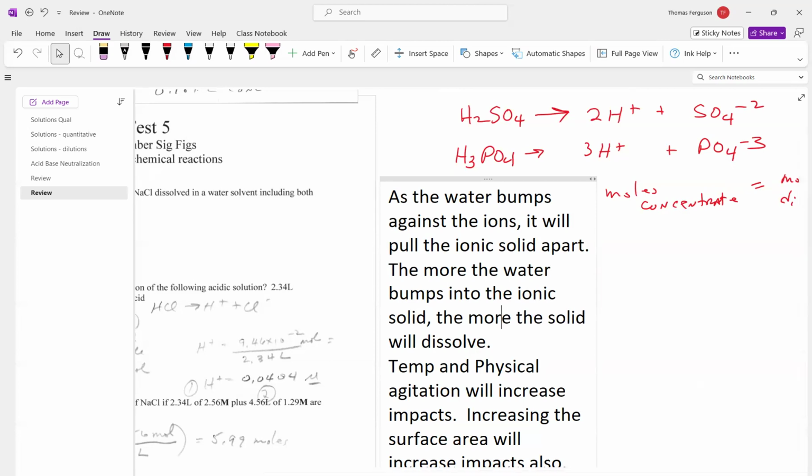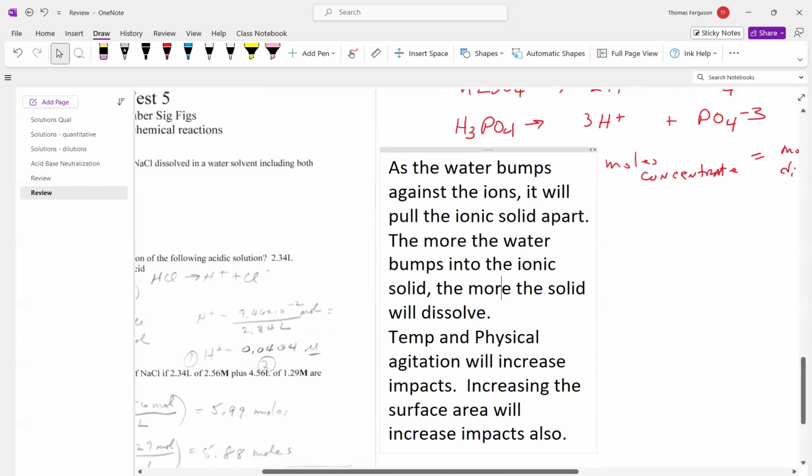Temperature and physical agitation will increase the number of impacts, so it'll dissolve faster. Increasing the surface area will also increase the speed of dissolving. Powdered sugar versus granulated sugar.